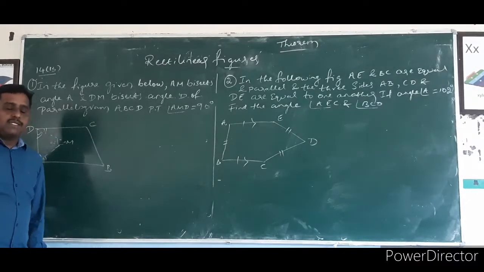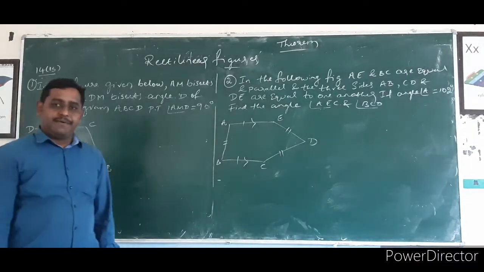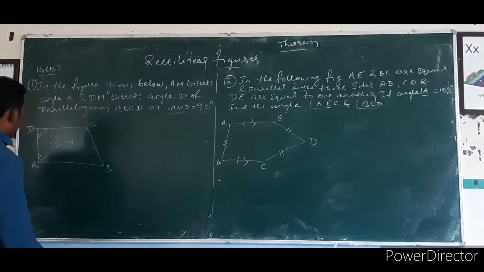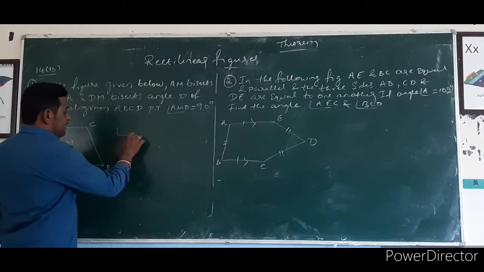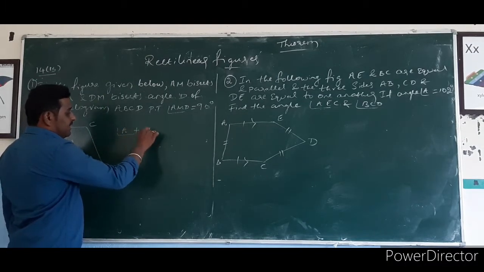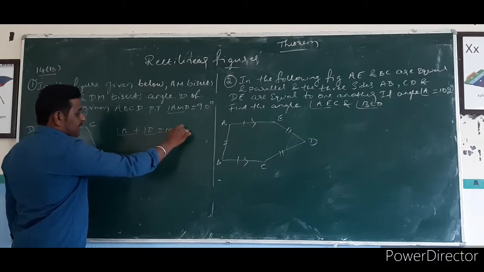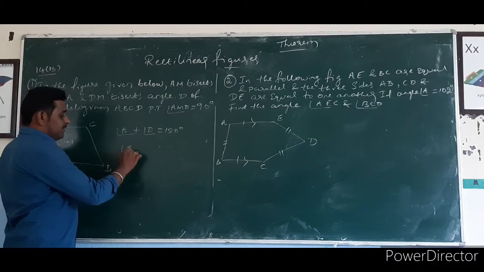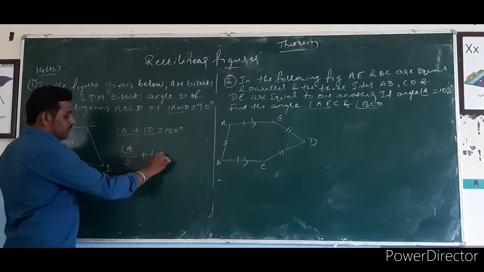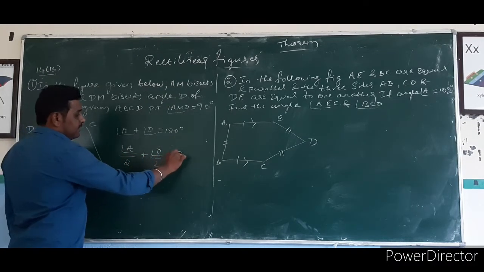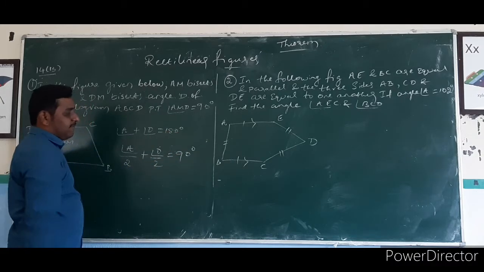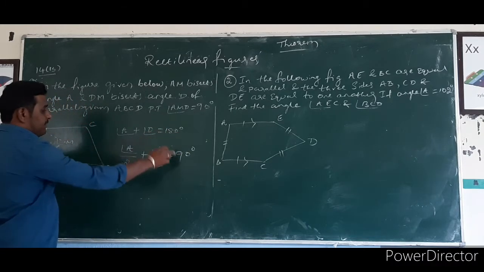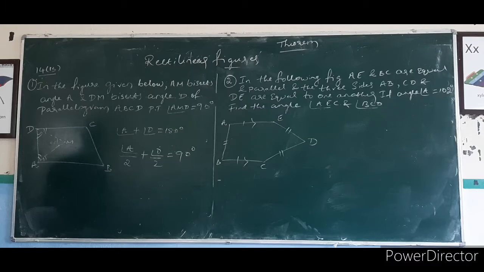If you add two consecutive angles, the sum must be 180 degrees. So angle A plus angle D is equal to 180 degrees. Dividing by 2, 180 divided by 2 is 90 degrees.